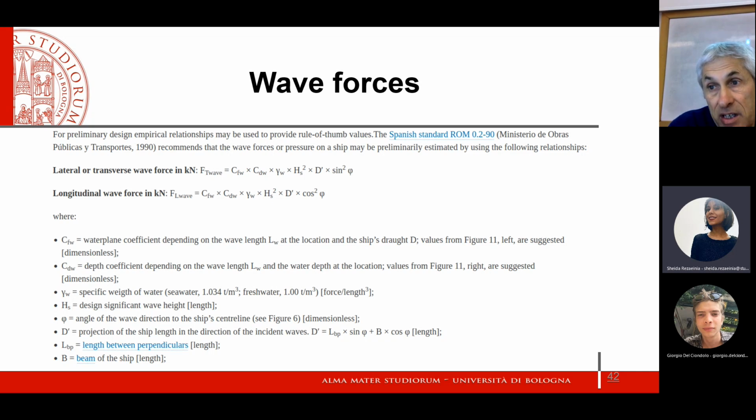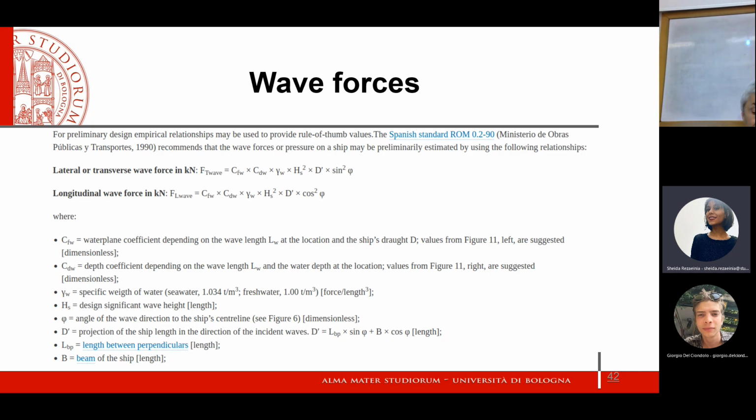And here what you can notice is that when we discussed the formula for wind forcing, the forcing was dependent on the square of the velocity, because the square of the velocity for the wind is representative of the energy of the wind.